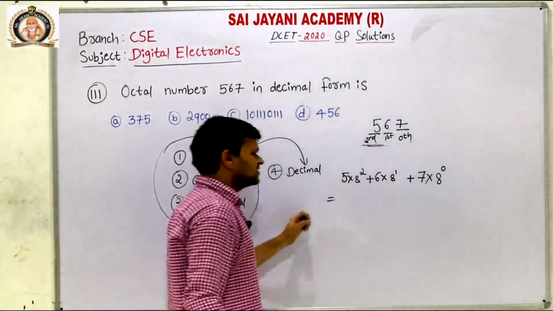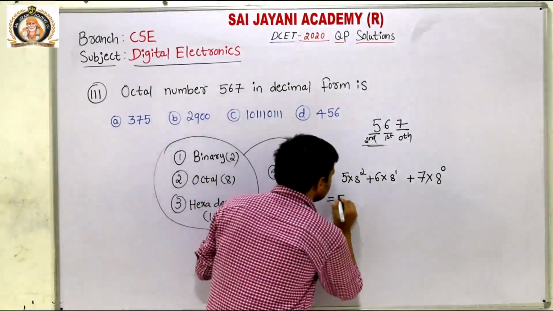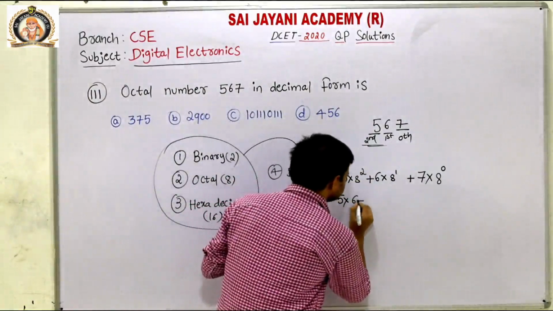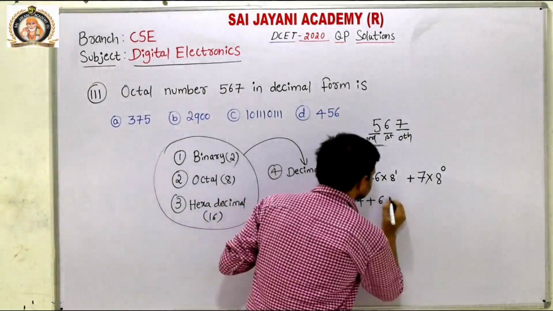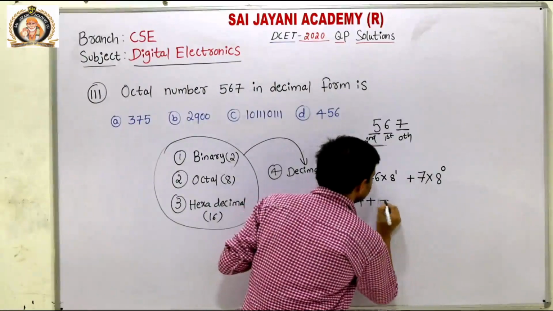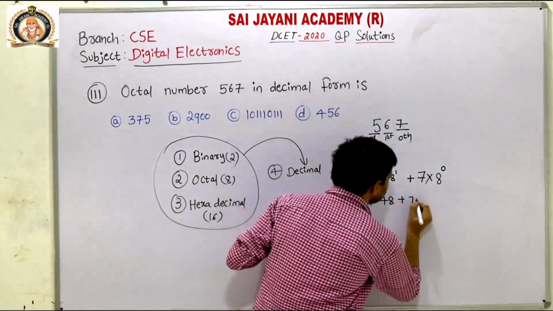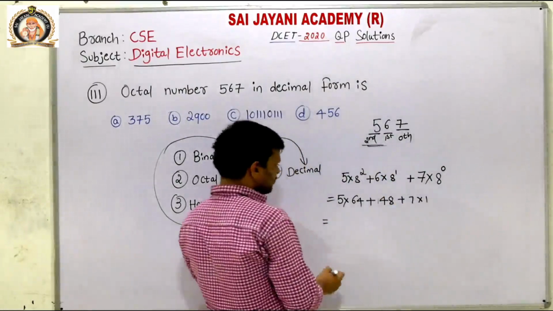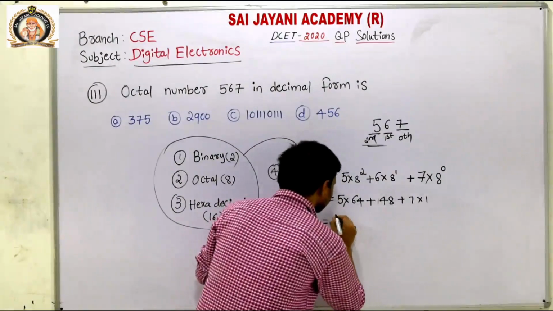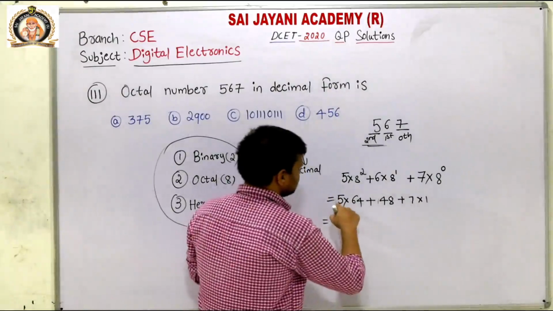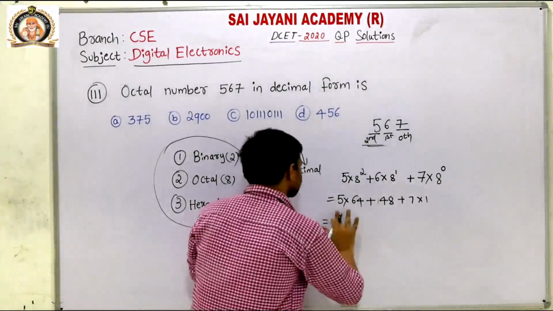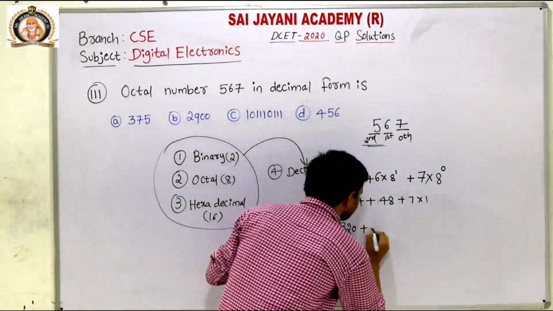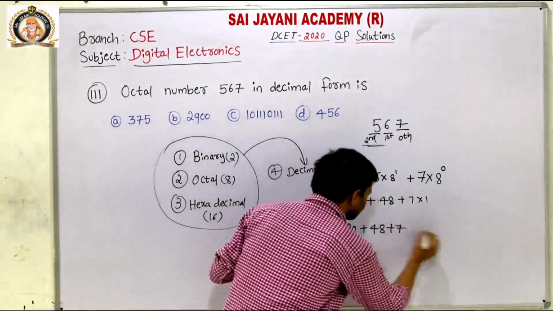When we calculate this one, we get 5 into 8 raised to 2 means 8 8s are 64, plus 6 into 8, 8 6s are 48, plus 7 into 8 raised to 0 means 1. Here 64 5s are 320, plus 48 plus 7.